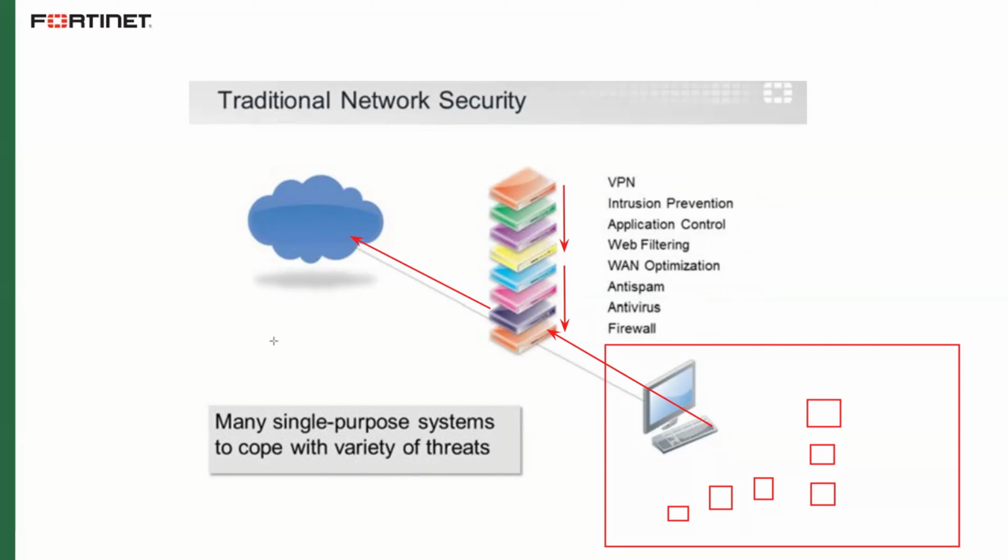So many single purpose systems to cope with the variety of threats, right? For each thing, we had to deploy a single device in the previous traditional network design I'm talking about. Earlier, when there wasn't a next generation firewall, when there were traditional devices, that time these many devices were required in a network.